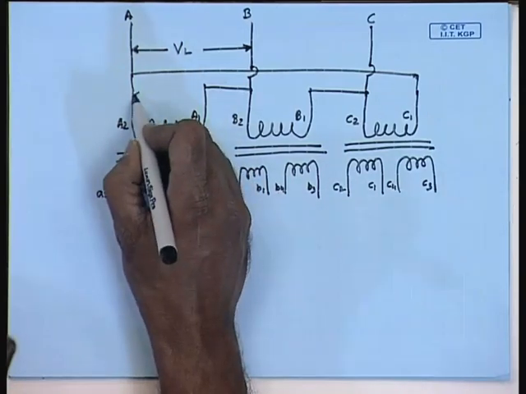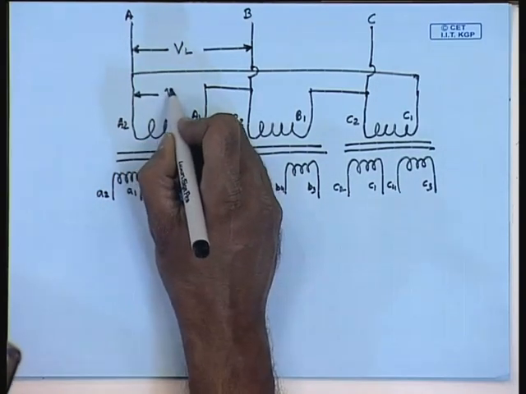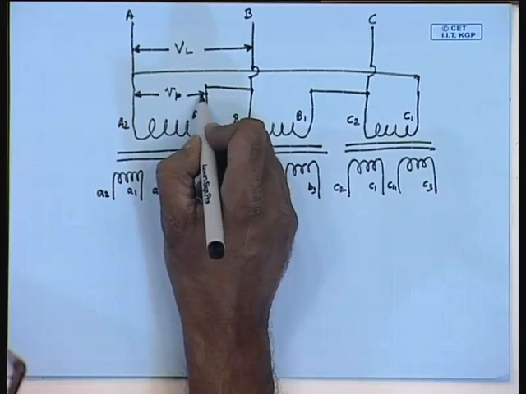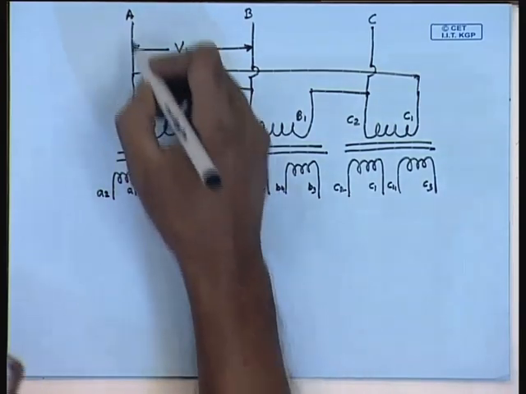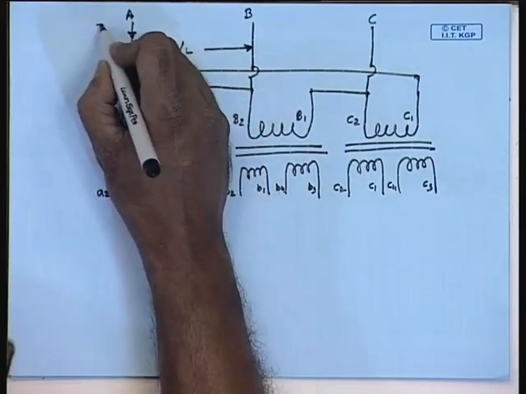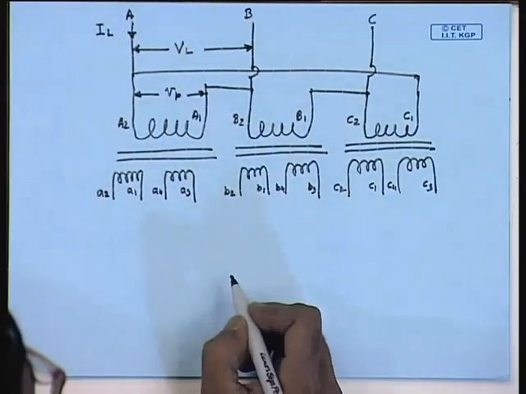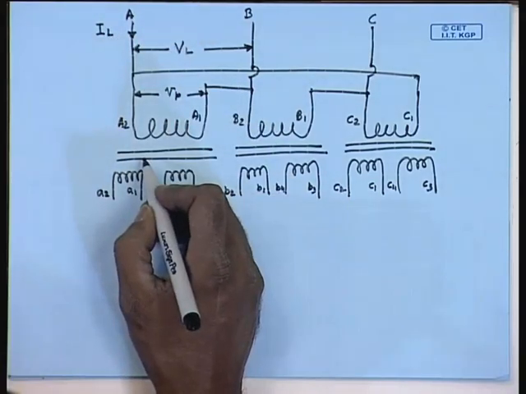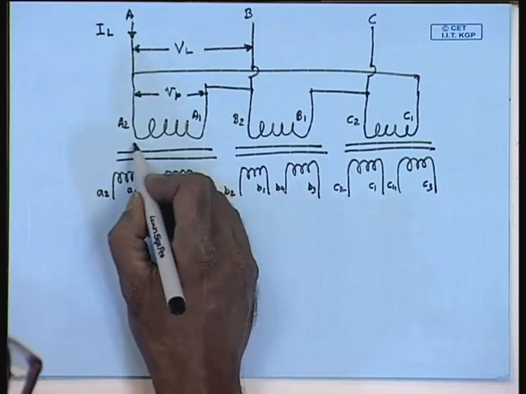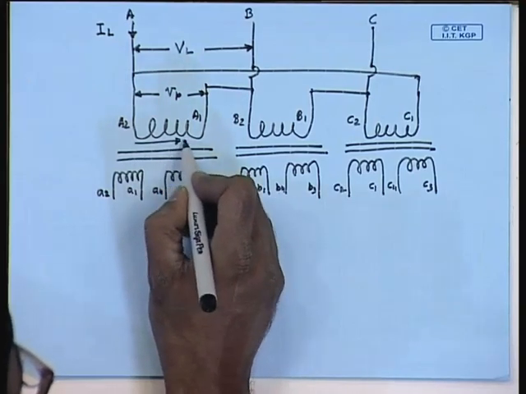This is the phase voltage V p. This is the line current, the high voltage side line current I L. Let this be the high voltage side phase current I p.